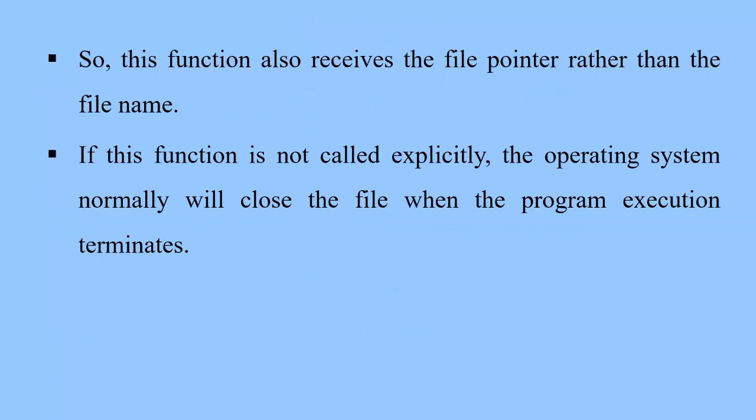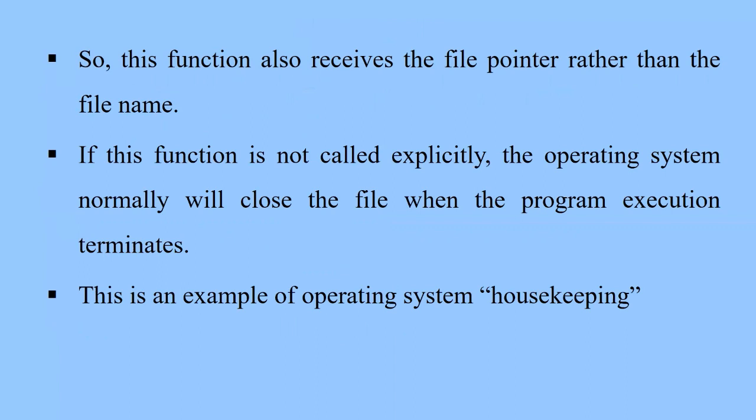So this function also receives the file pointer rather than the file name. If this function is not called explicitly, the operating system normally will close the file when the program execution terminates. This is an example of operating system housekeeping.